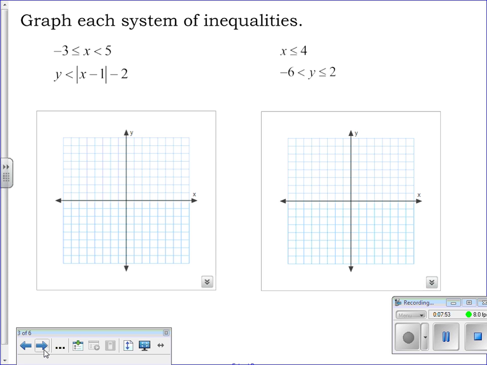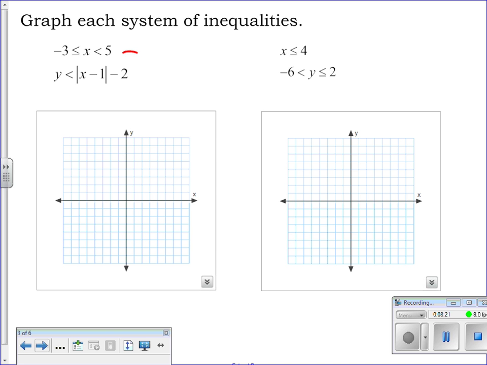We got a new one. Compound inequality. That's why the compound inequality was at the beginning of the notes. X is between -3 and 5. So x equals lines are vertical lines. I have one at -3 and one at 5.